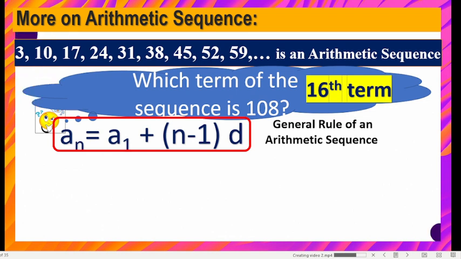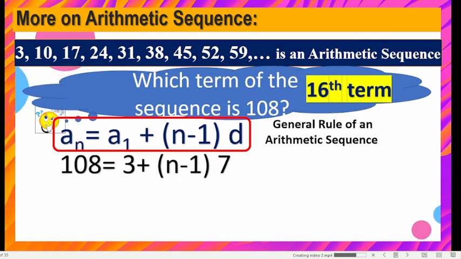All we have to do is plug in all the known values. So a sub n is equal to 108, a sub 1 or the first term is 3, and d or the common difference is equal to 7. Plugging these into the general rule, we have 108 equals 3 plus the quantity n minus 1 times 7.